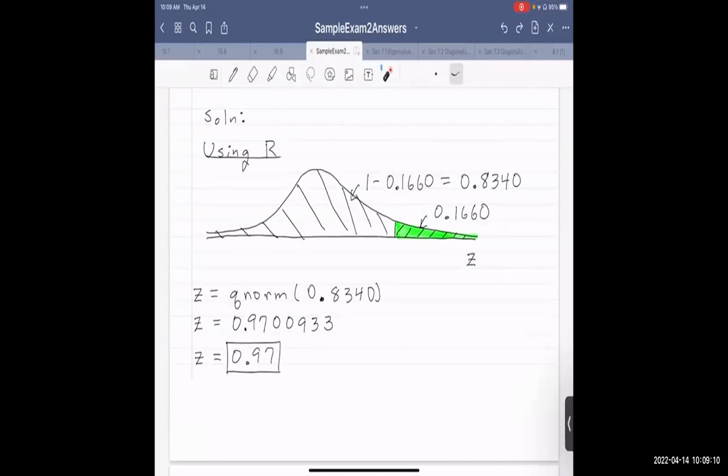So my area of the right tail again is 0.1660. I'll have to do it like what I did with Mathematica. So I'll use the qnorm of a point of the left tail, the 0.8340.